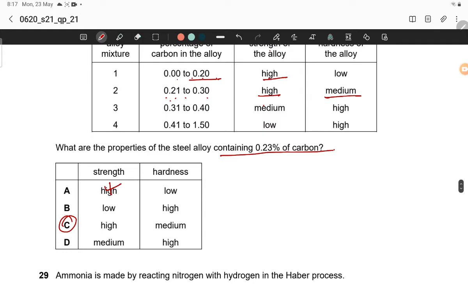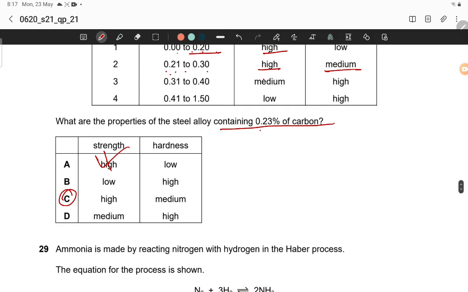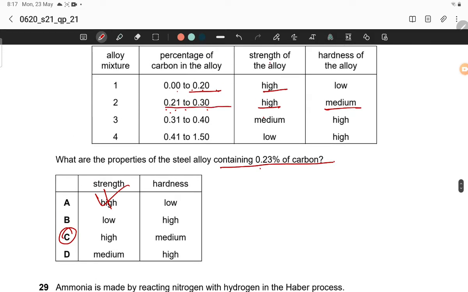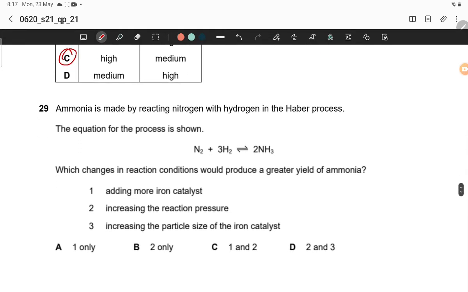High is correct but low is incorrect, in which 0.20 is above 0.23, so this is incorrect. C option is correct because of 0.23 over here. So this is the property of this percentage.